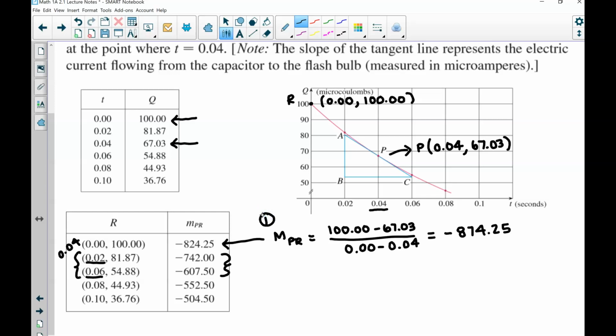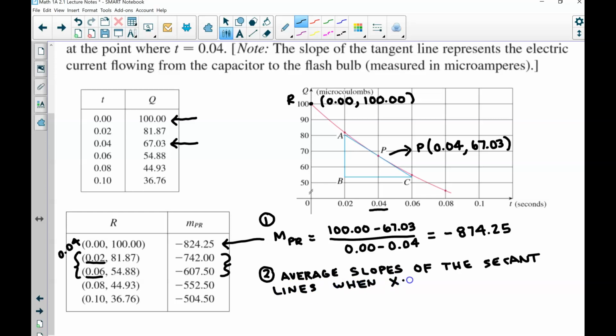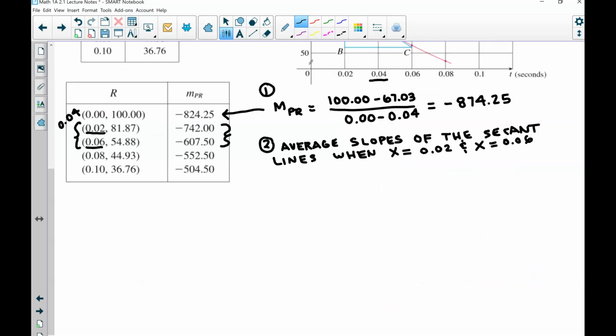So what that means is that we can actually find the average of the slopes of those two secant lines. So we're going to find the average slopes of the secant lines when x is equal to 0.02 and x is 0.06, because again, we note that 0.04 is in between those two values.